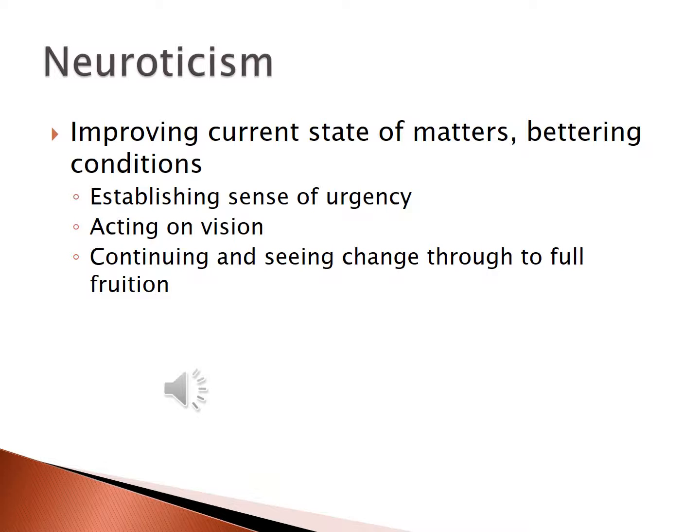So this trait will be useful in establishing a sense of urgency for the need to change, acting on the vision because of the desire to see change, and continuing and seeing change through the full process because they will have that unrest until they know things have changed and are working better to its full potential.